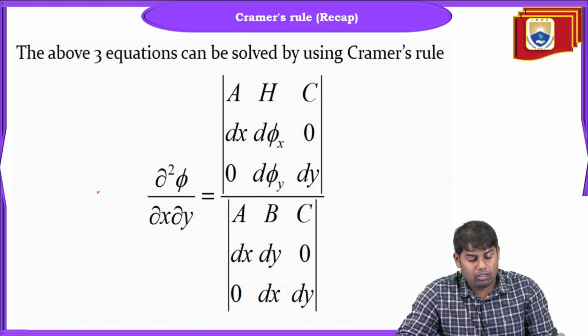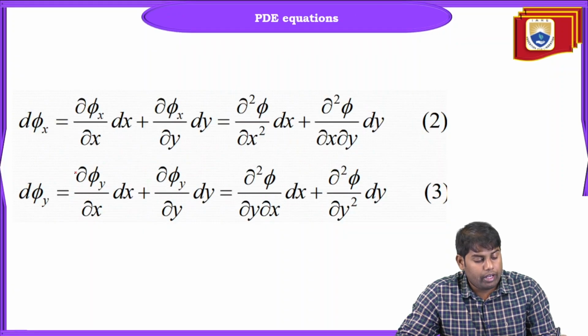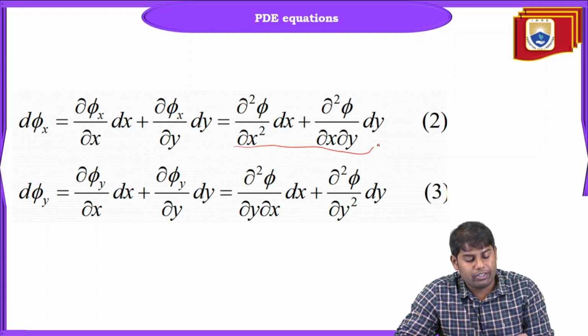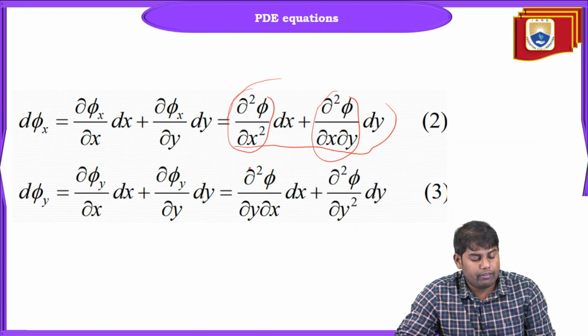Next, we have the chain rule terms. When we apply the chain rule, we get this equation, which is the second equation. We have the ∂²φ/∂x² term and the ∂²φ/∂x∂y term. Similarly, in the third equation the mixed derivative term is available, and we have the ∂²φ/∂y² term.